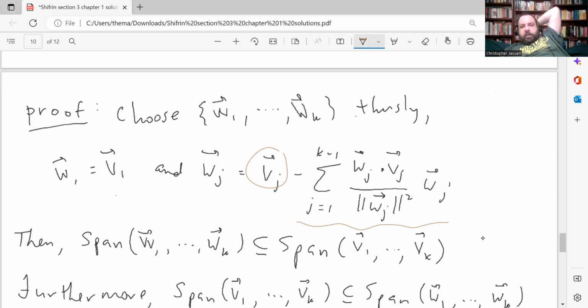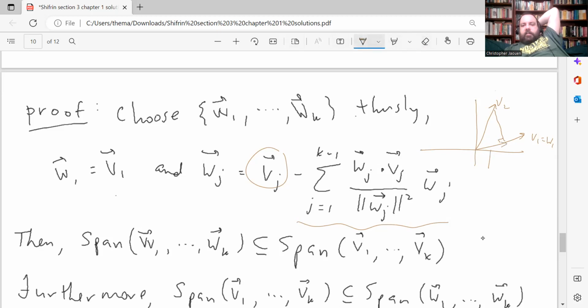Just drawing a picture in R2, for example. Let's say we have these two vectors here, v1, v2. We let v1 be w1, and then you take the projection of v2 onto w1.